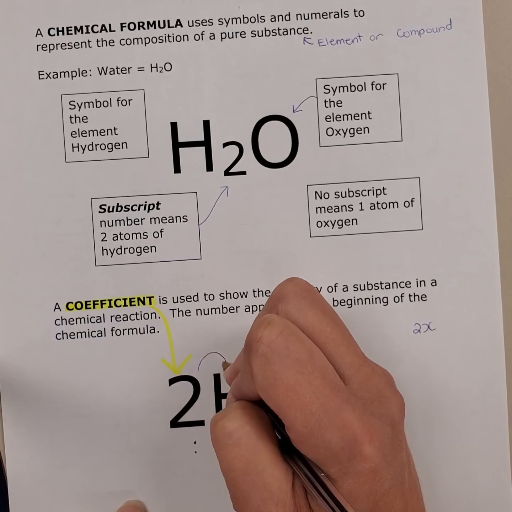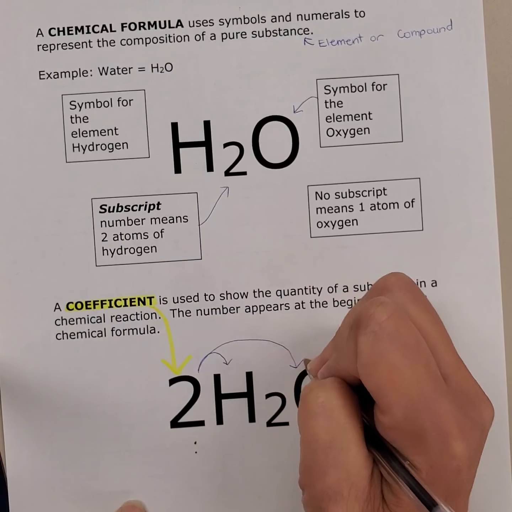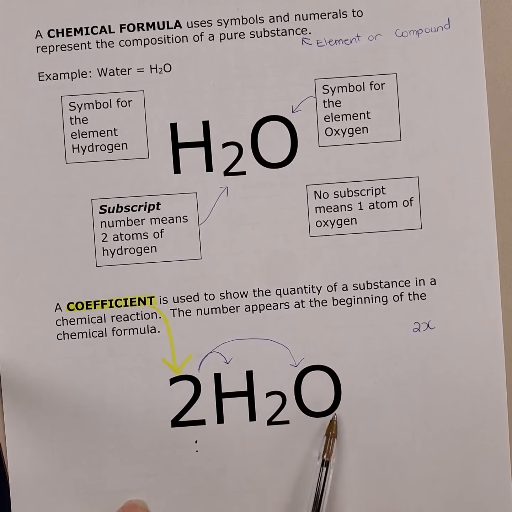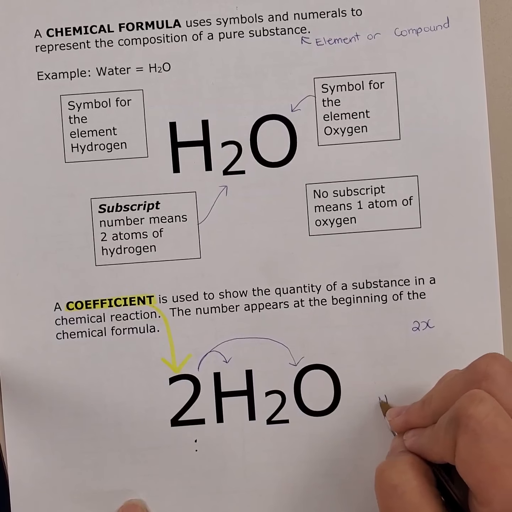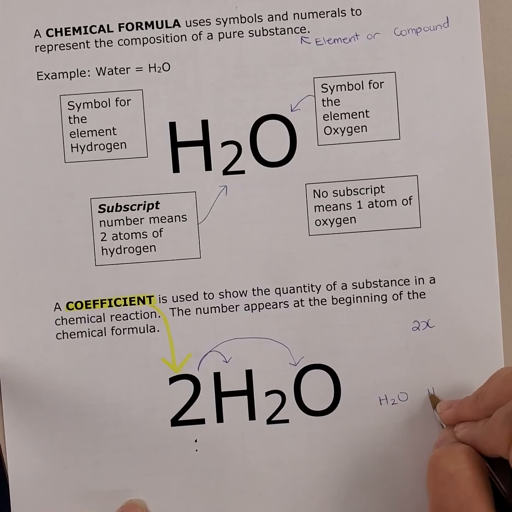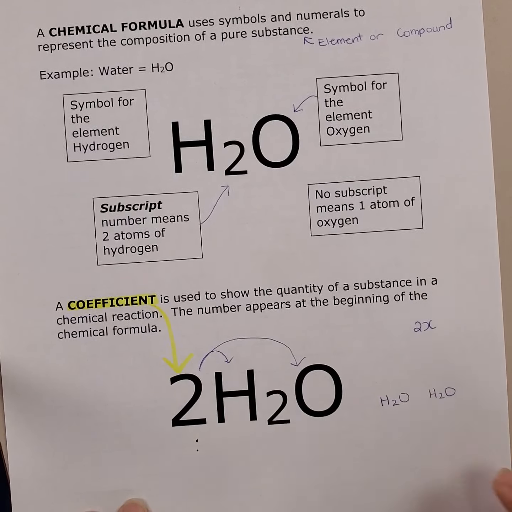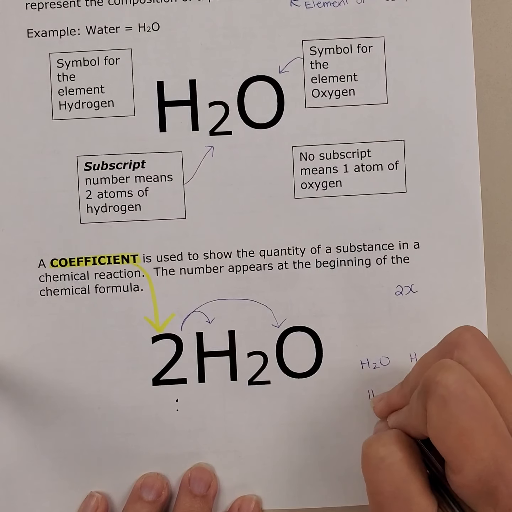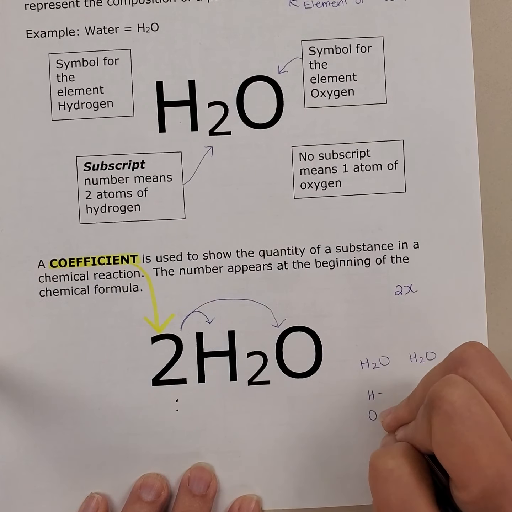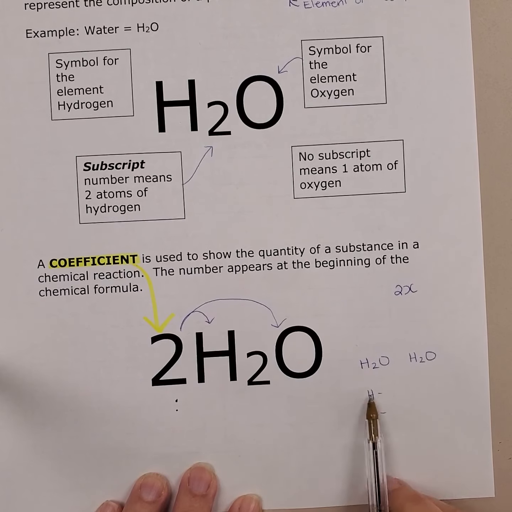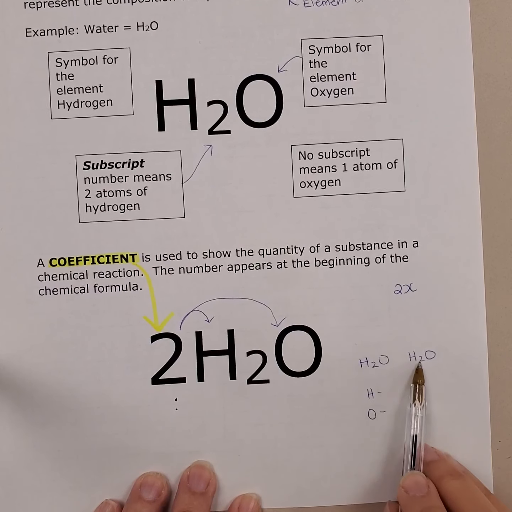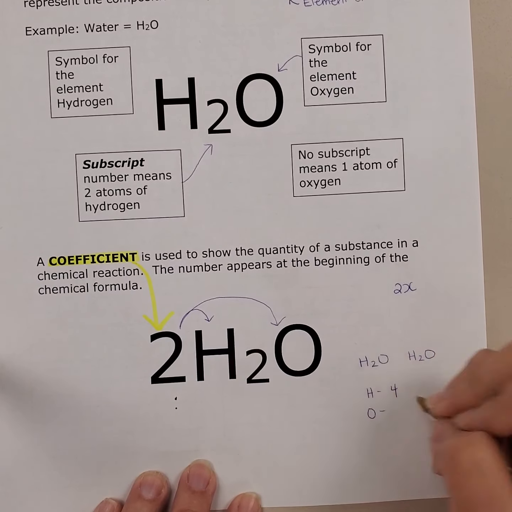So this 2 goes to the hydrogen and the oxygen. If you have 2 water molecules and you are asked how much hydrogen you have in total and how much oxygen, you would say, I've got 2 hydrogens here and 2 hydrogens here, so that's a total of 4.